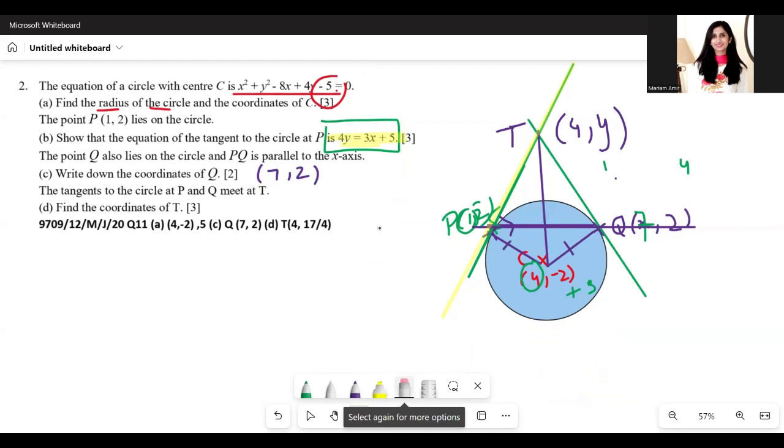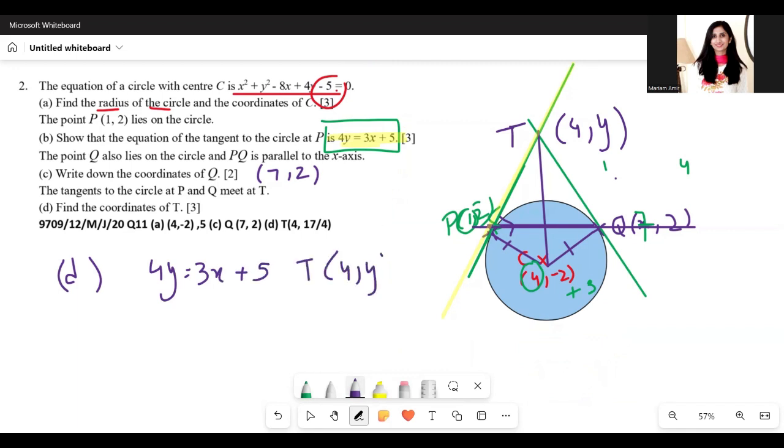So for part D, we have 4y equals 3x plus 5 and T is for now 4 comma y. Substitute 4. We get 17 over 4. So the coordinates of T are 4 comma 17 by 4.